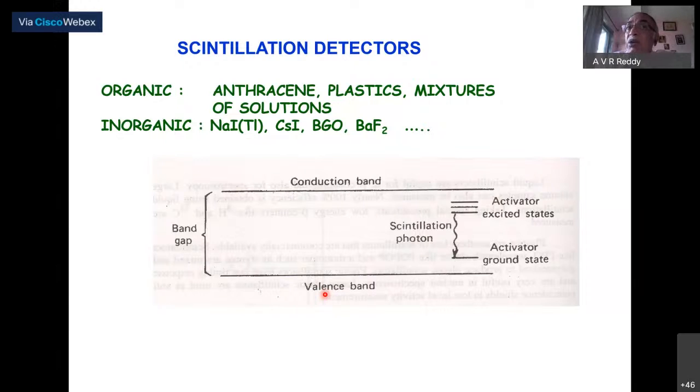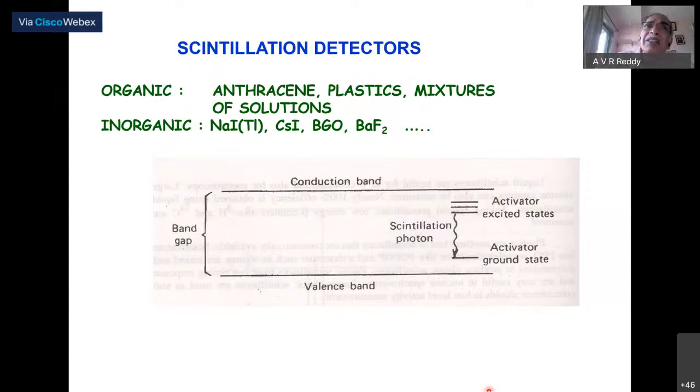And now, over and above, when it is interacting, it should lead to a process in which it will go to the excited state. I mean, the excited state has to be populated, and the de-excitation process has to take place. And in the de-excitation process, these two levels have to be involved.